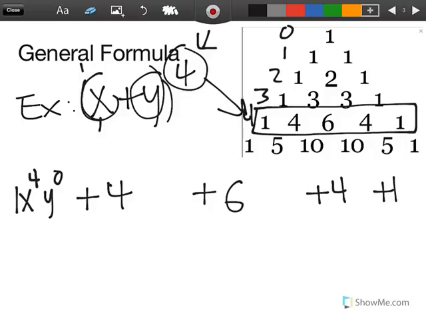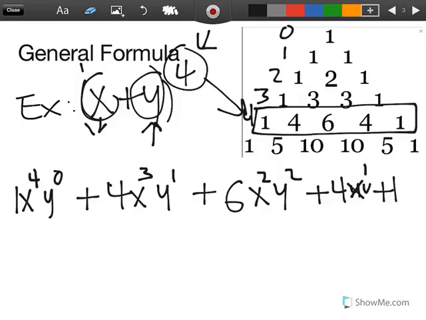And then as we go down, the x's would go down a power and the y's will go up a power. So x to the third, y to the first. This next one would be x squared, y squared. This would be x to the first, y cubed, and x to the 0, y to the fourth.